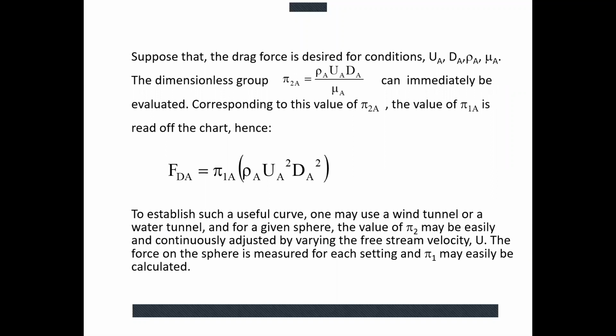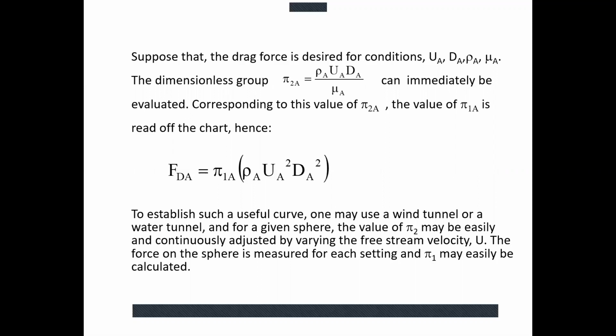Suppose that the drag force is desired for conditions u_A, d_A, rho_A, and mu_A. Please note that those are just for special conditions. Dimensionless group pi 2A can immediately be evaluated, and corresponding to this value of pi 2A, the value of pi 1A is read off the chart.